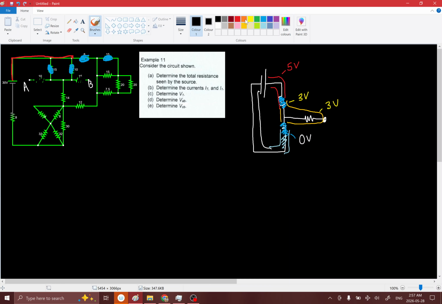So the water moves down and goes past this resistor, and it cools down a little bit. So it goes from red, like this, to orange, because it cools down a little bit, and it spreads out like this.